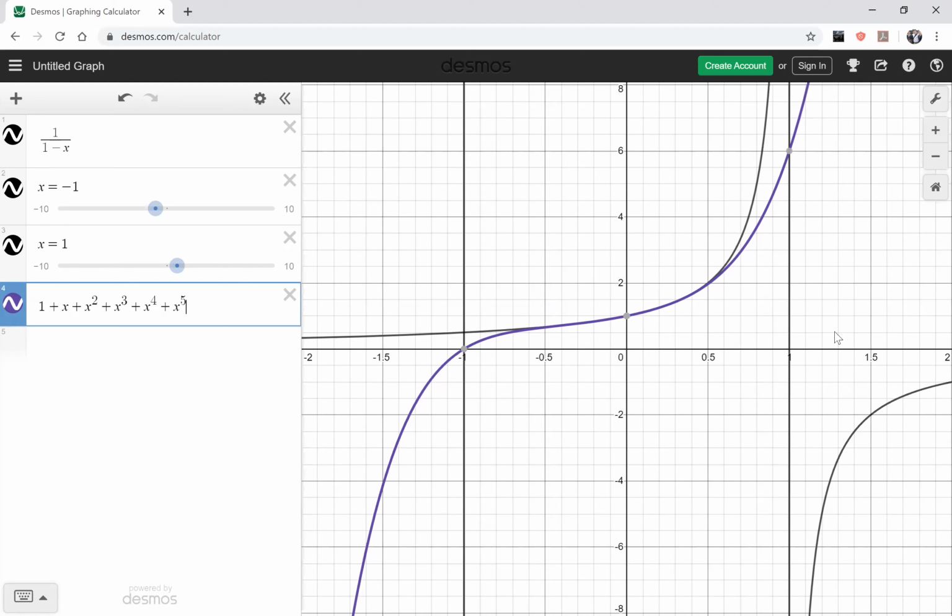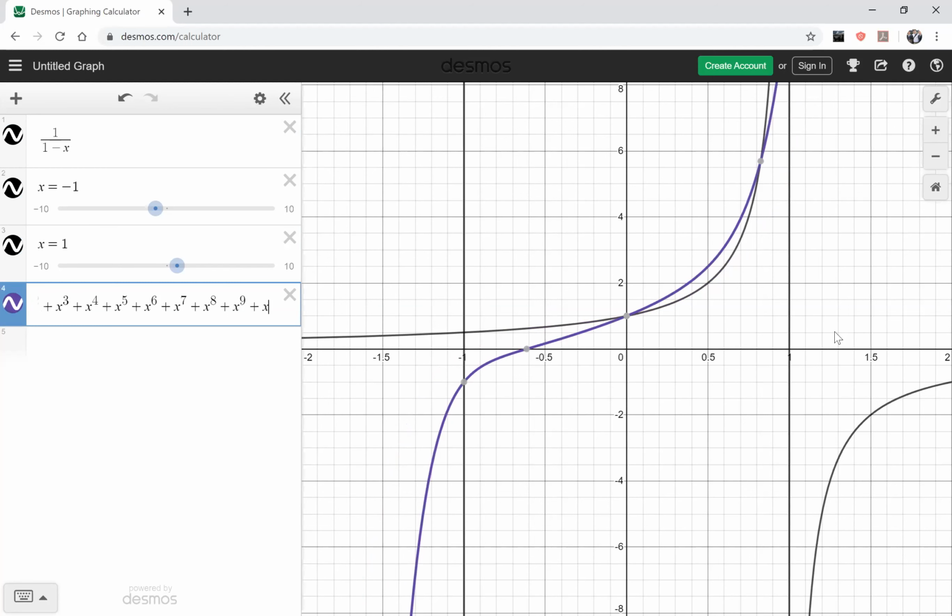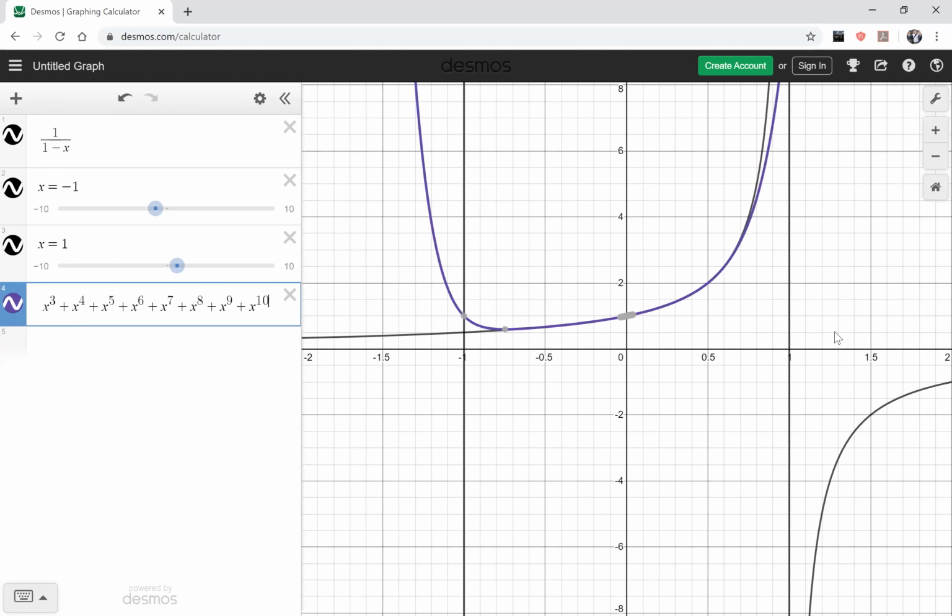And you see that it does a pretty good job of mirroring the curve in the range from -1 to 1. And I can add more terms to my curve if I want to become more precise. And I see that as I add more terms, it becomes more and more precise in the interval from -1 to 1. And outside that interval, it's not close at all.